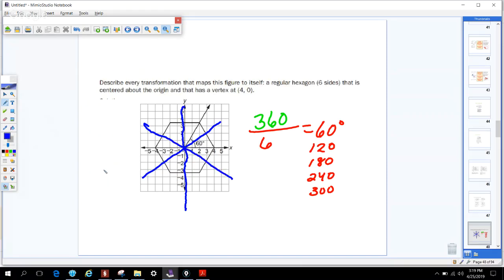Does anyone else see any other lines of symmetry? Through the points. Exactly. Straight across here, and also from point to point, vertex to vertex. Exactly. So look at all those types of symmetry and rotation that we can get to map onto itself.